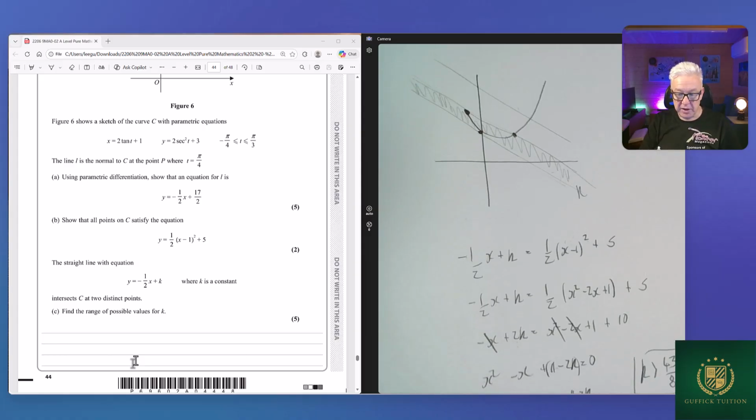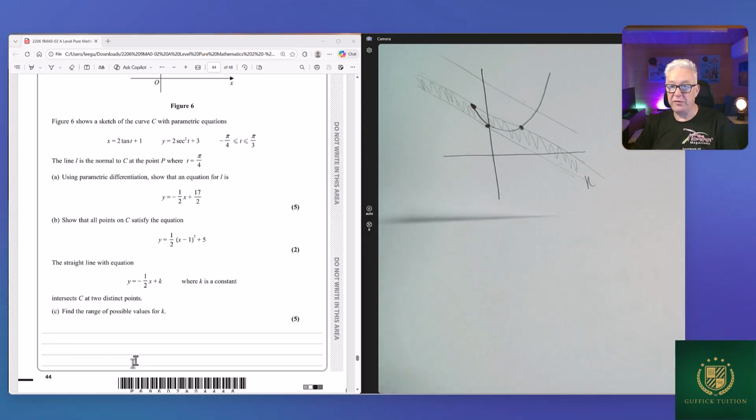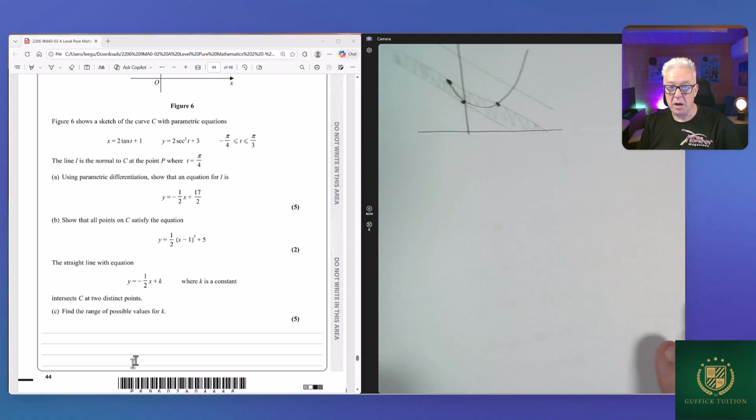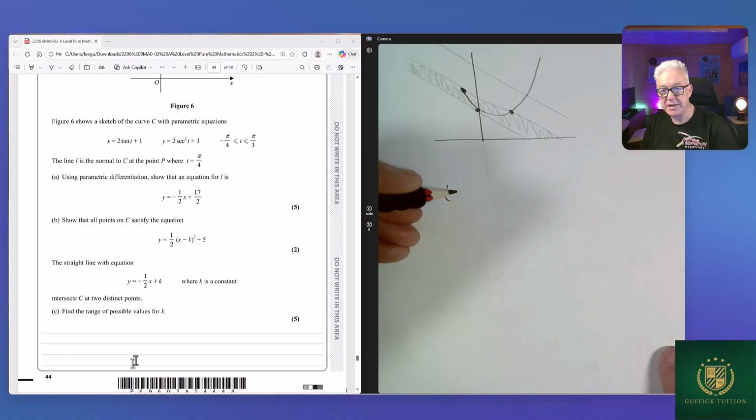We're given in the question that the range of values of t is from -π/4 all the way up to π/3. So this point is where t is equal to -π/4.